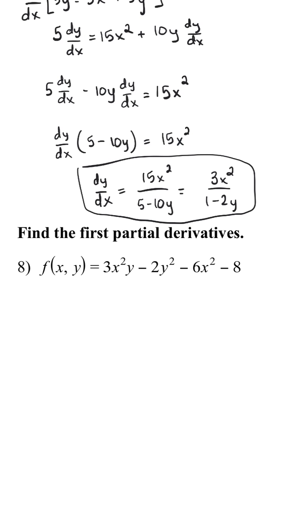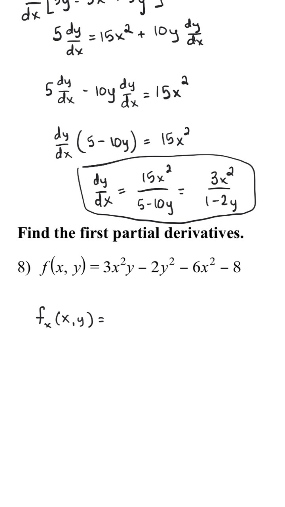Okay, question 8. The partial derivative with respect to x: we're going to differentiate this first term with respect to x as if y was a constant. So 3 and y are just coefficients, so we're really just differentiating x squared, which becomes 2x.